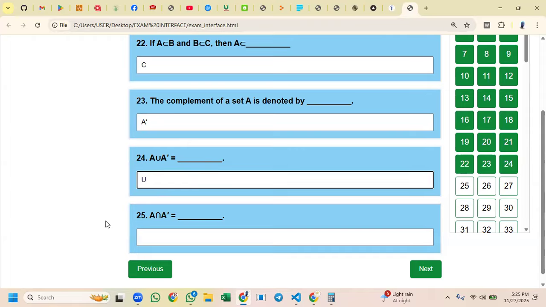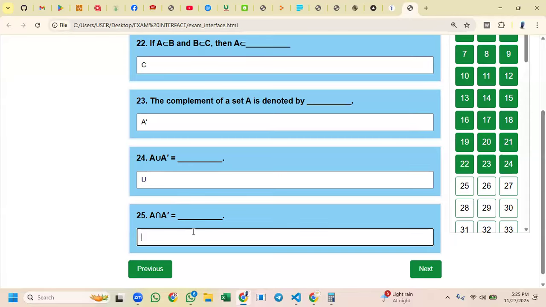A intersection A complement will give us what? This one is asking us: A and what is in the universal set that is not in A, what would they have in common?